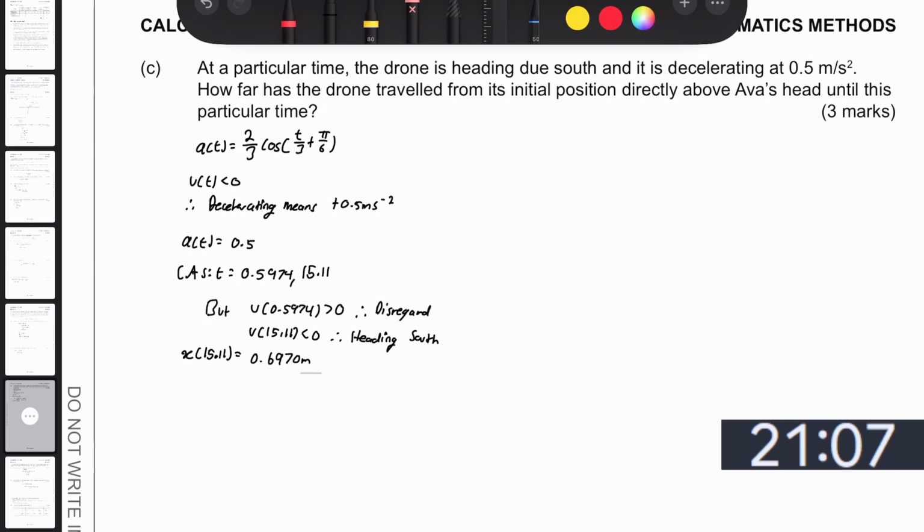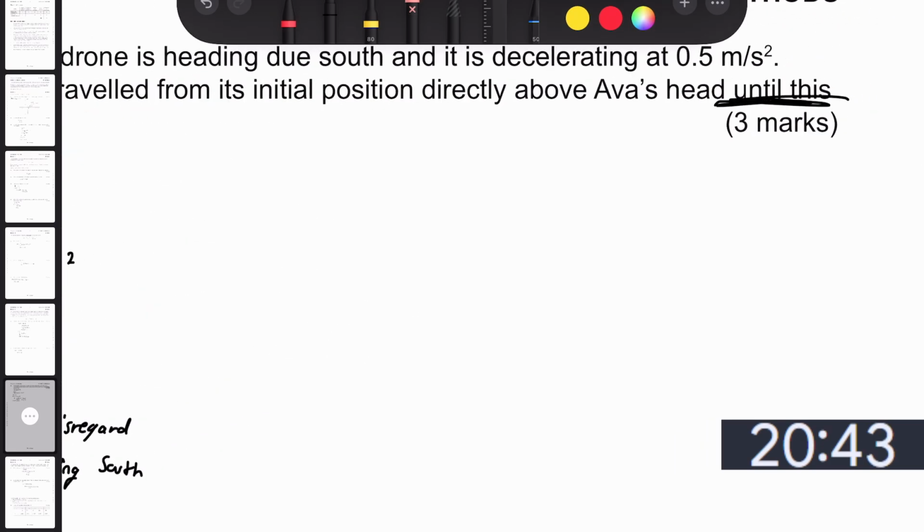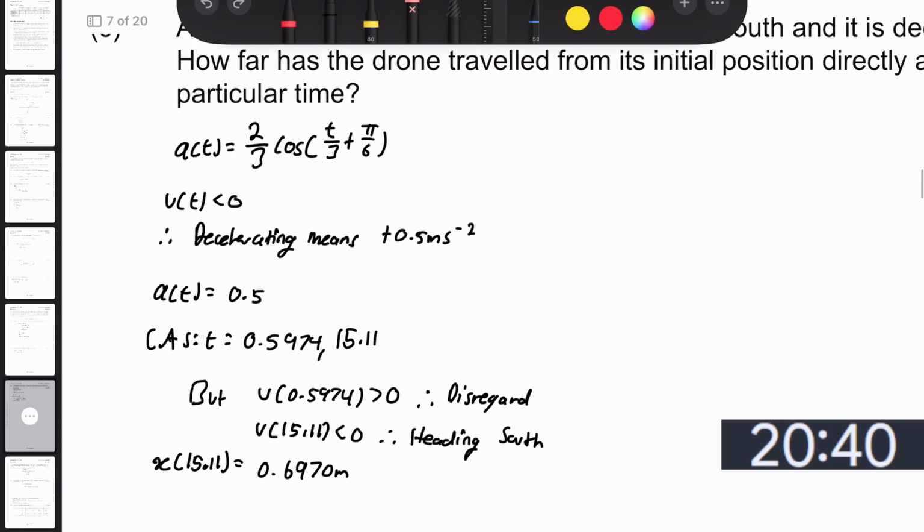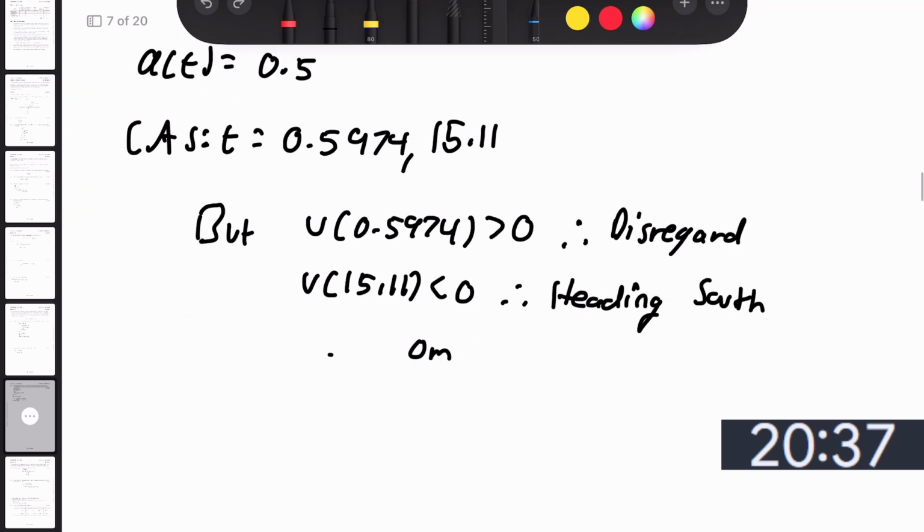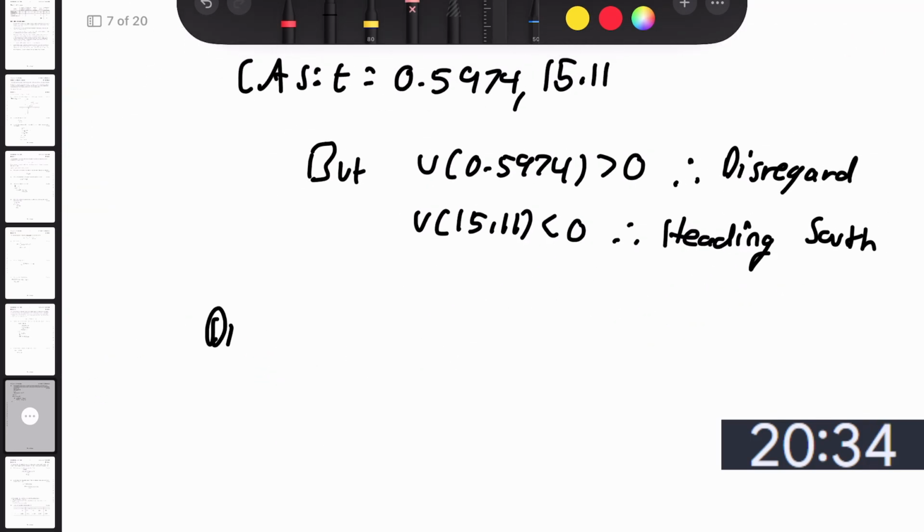How far has the drone traveled from its initial position directly above Ivan's head until this particular time? Is that until this particular time? So maybe it is distance.